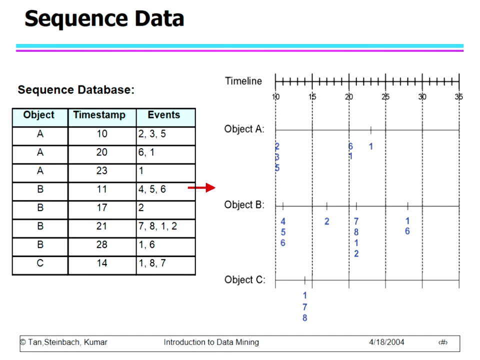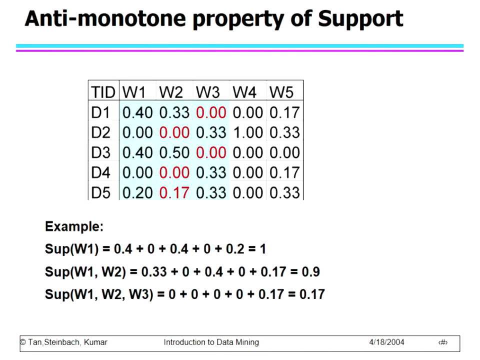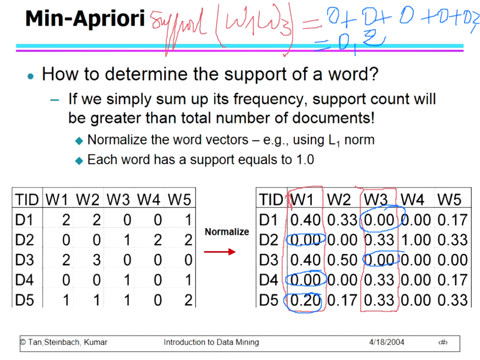After that we discuss the multi-level association rules and the sequence data. Here we calculate the support of W1 and W3.